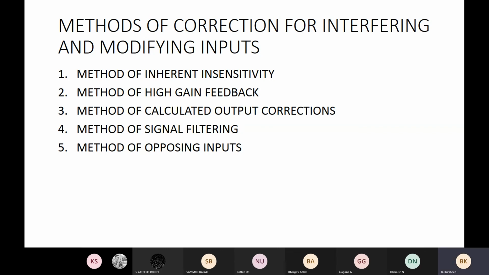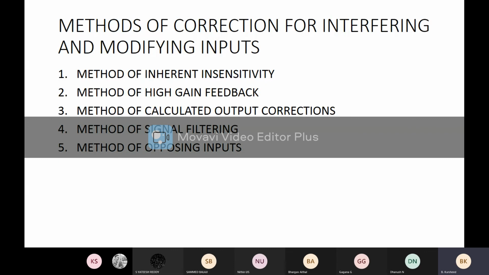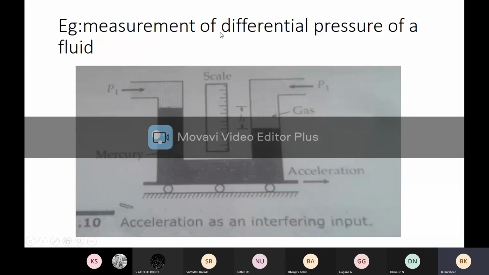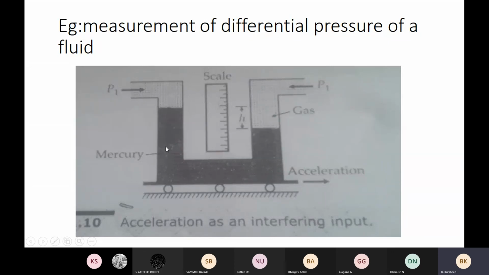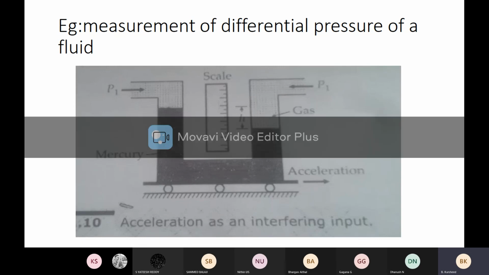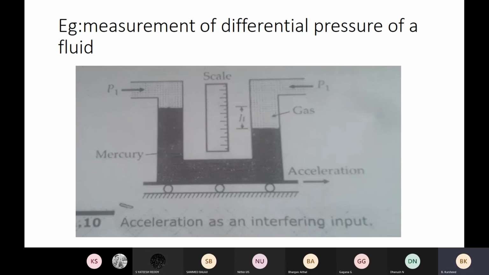For example, with an example only we will understand this concept very clearly. In the case of this one, based on the temperature also, the mercury level can be increased or decreased. Once we come to know what is the error in the output, that amount of temperature can be calculated and applied so that the level will be corrected.